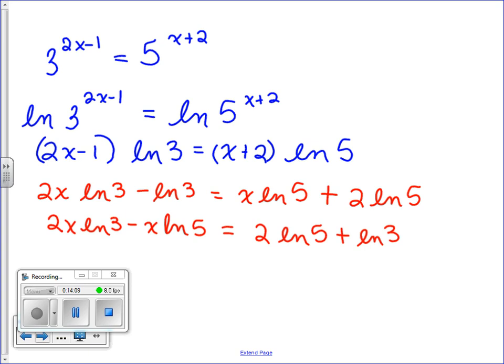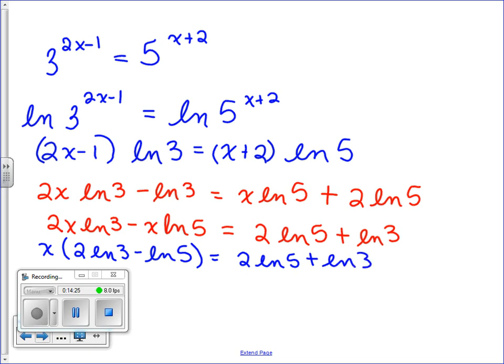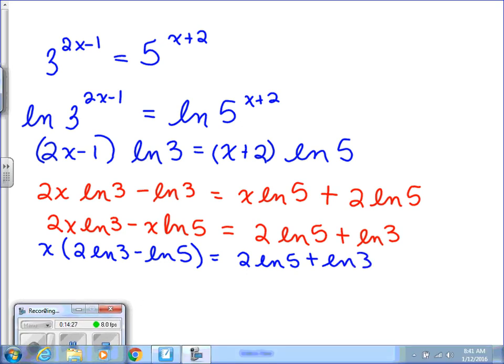Okay, so now you see how both of these have an x value? I can factor that out, and I'm left with 2 times the natural log of 3 minus the natural log of 5. It's 2 natural log of 5 plus natural log of 3. Now do you see why I had to do all that?